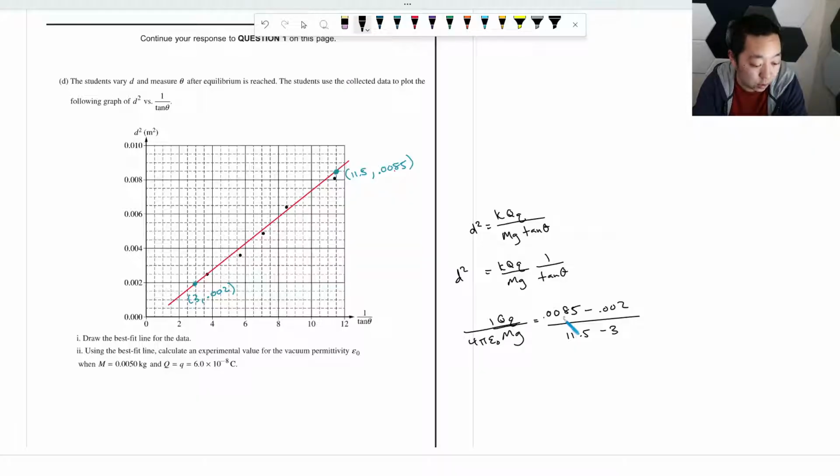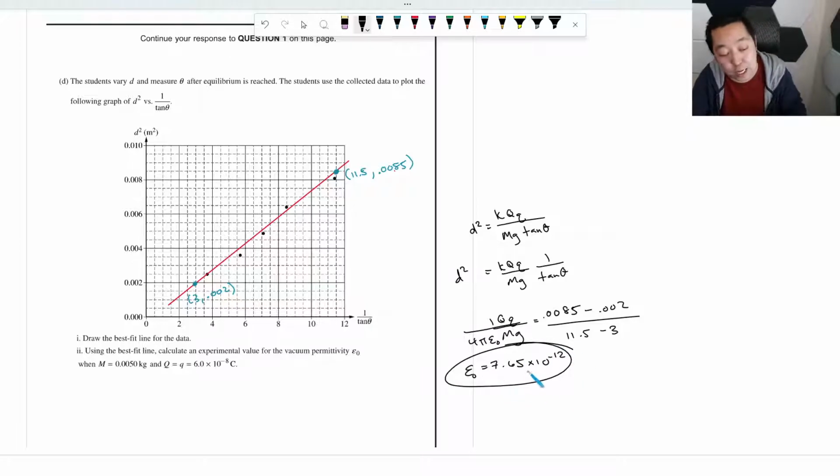So divided by q, multiply by m, g, I'll use 9.8 because I'm out here anyway. Then I need to multiply by 4 and pi, and then that's 1 over epsilon naught. So I get epsilon naught about 7.65 times 10 to the negative 12. Okay, it should be 8.85. Close enough, I guess. Maybe this data, I don't know. Maybe I should have made it a little steeper, probably.